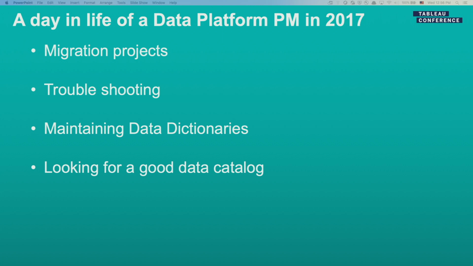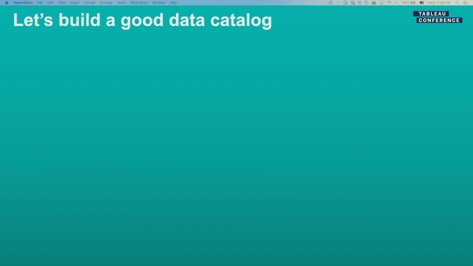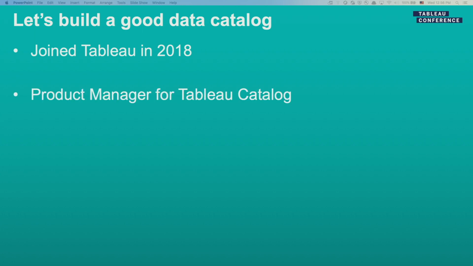And when I talked to someone in my company in a different org who already used this data catalog, apparently not all the features were present there, and well, there would be some scripting in place, so a lot of integration effort. Okay, so I decided, well, maybe I should join a team, a company, who would build a really awesome data catalog, and I became a product manager for Tableau catalog.